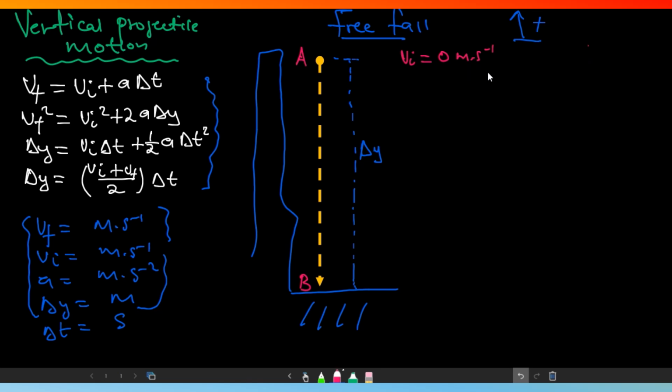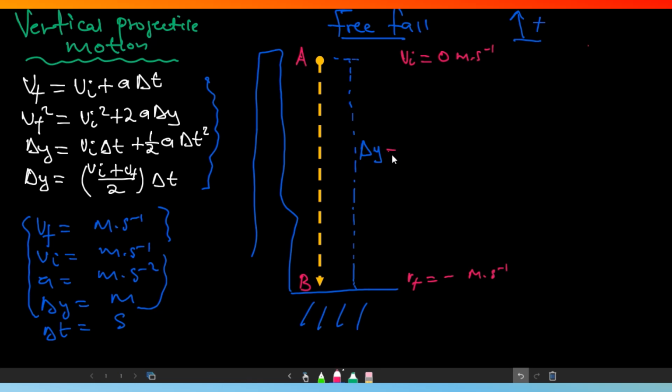So the initial velocity is 0 meters per second. Then at B we have a final velocity. The velocity goes from point A and then goes down, so it is pointing down, which means the velocity is negative. Now what about the displacement?